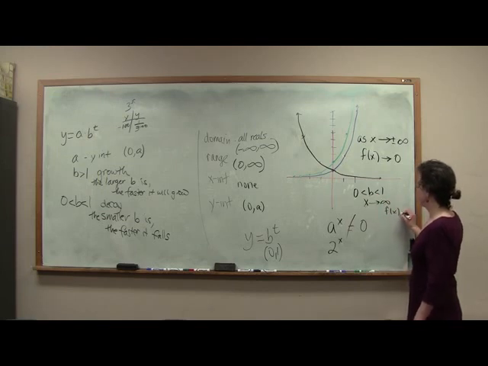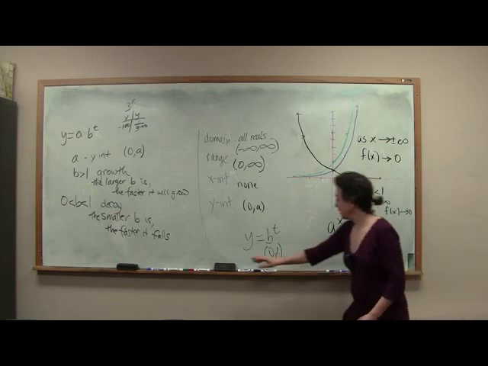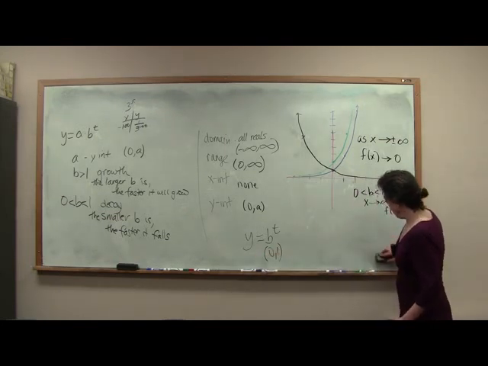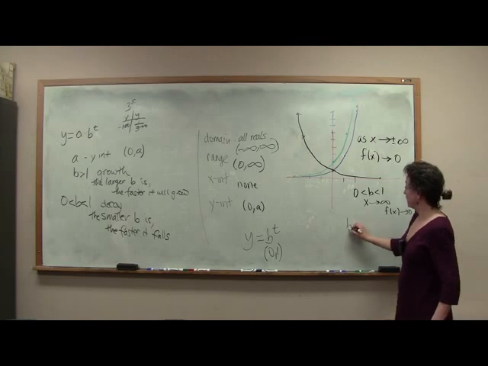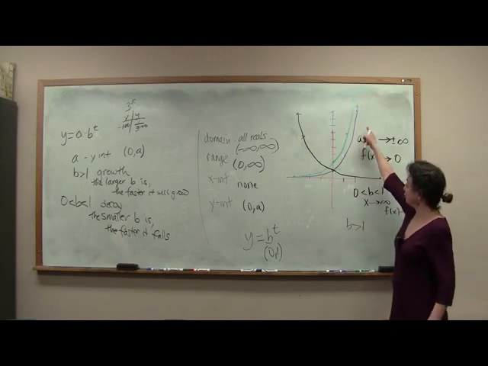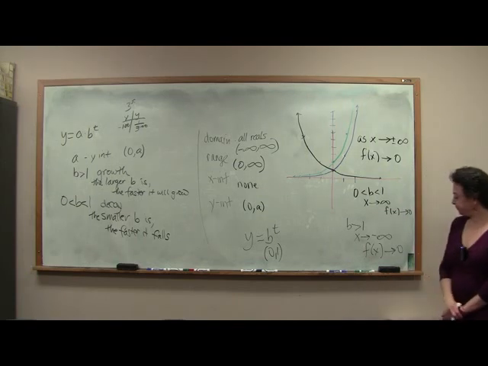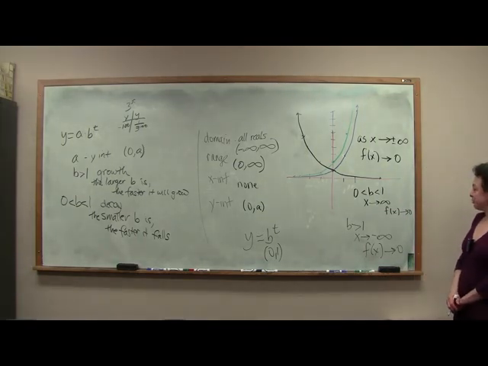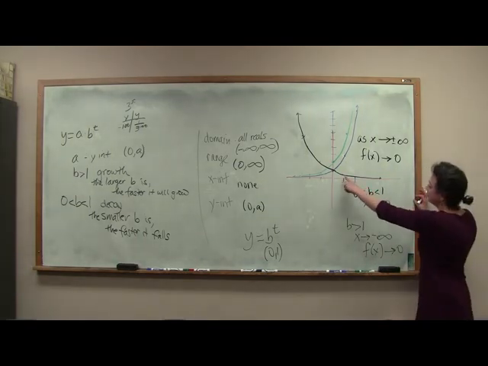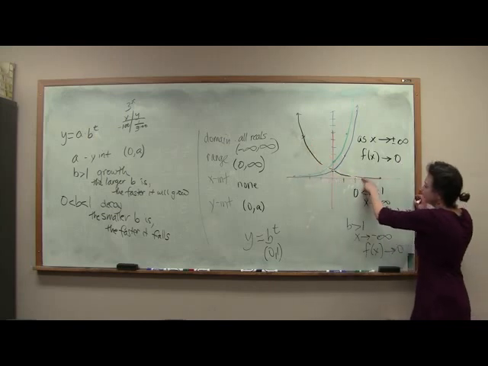my function goes to 0. Notice for where I have exponential growth, it's true that as x goes to negative infinity, my function goes to 0. This is a really important idea. Okay, so this is where we have exponential decay.